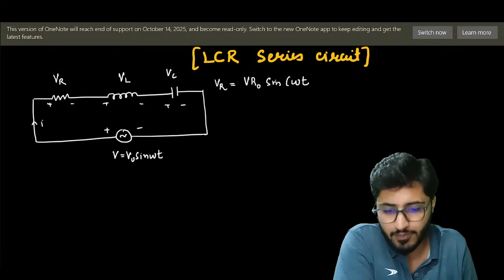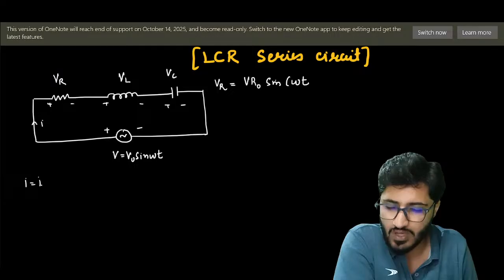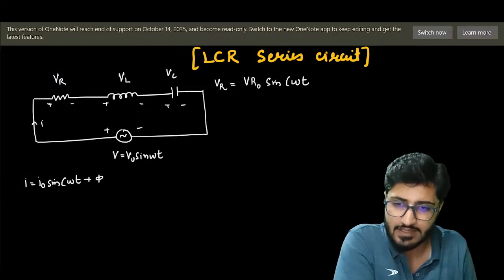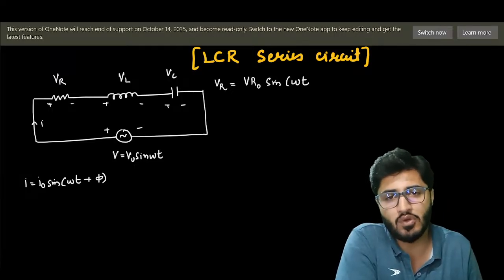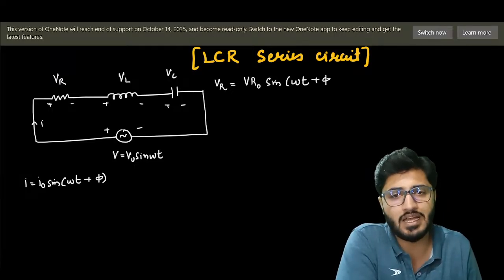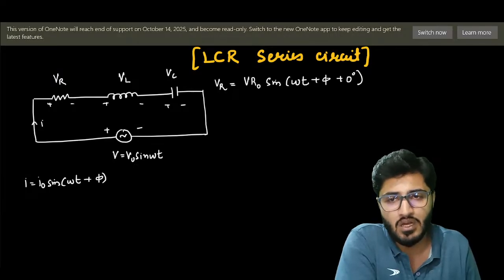Let us suppose my current is I equals I naught sine omega t plus phi. In a resistor, there is no phase difference, so I will write 0 degree. What is VL?